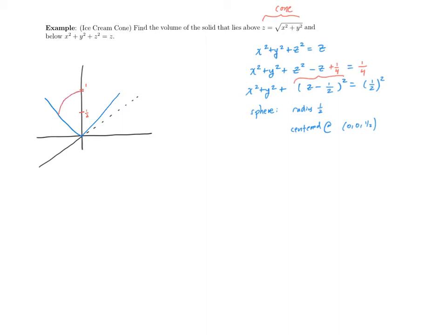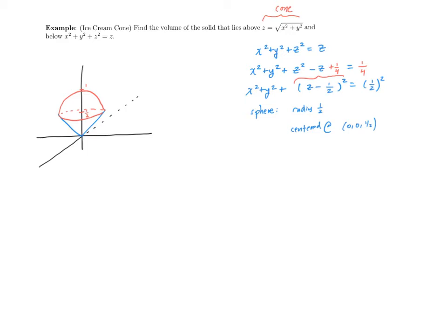So roughly speaking, if we were to sketch the upper half of our sphere, it would look something along these lines. And if we get rid of a few extraneous lines, what we see looks roughly like an ice cream cone. And our goal in this case is to set up a triple integral that would allow us to calculate the volume of this ice cream cone.